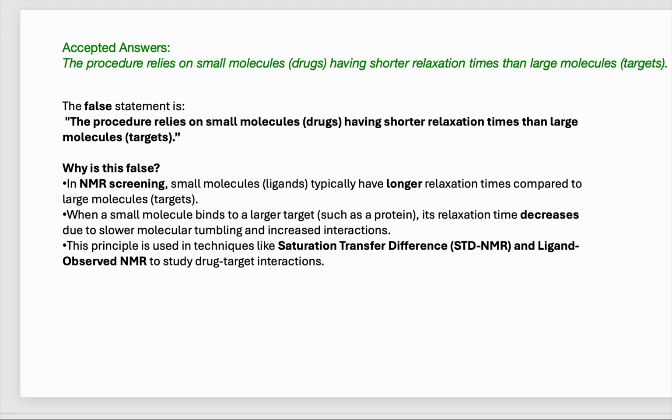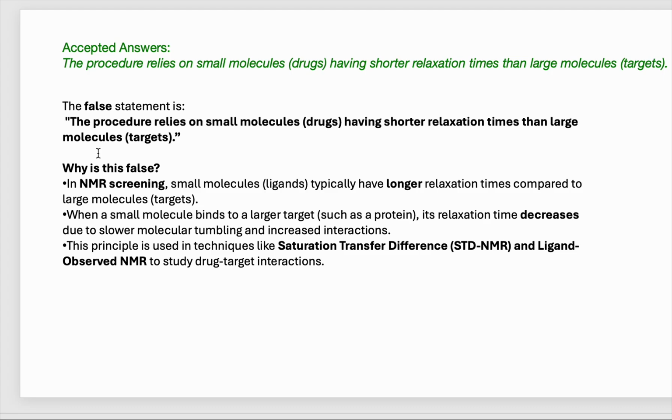We'll see why. The false statement is the procedure relies on small molecules having shorter relaxation time than large molecules. That's wrong, because generally small molecules have longer relaxation time compared to larger molecules.